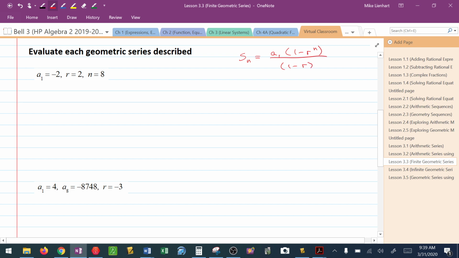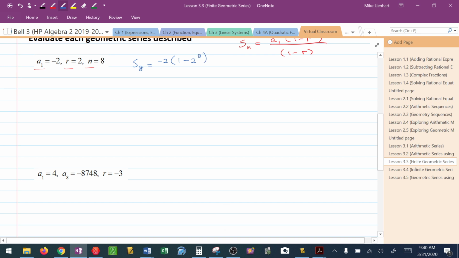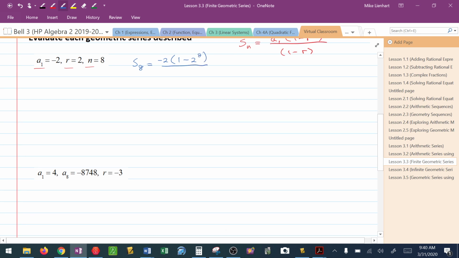I know a sub 1, I know r, and I know n, so I'm ready to go into the formula. I'm going to find s sub 8, because there are 8 terms in this series. My a sub 1 is negative 2. Multiply that times 1 minus r to the nth, so 1 minus 2 to the 8th, divided by 1 minus r, which would be 1 minus 2.